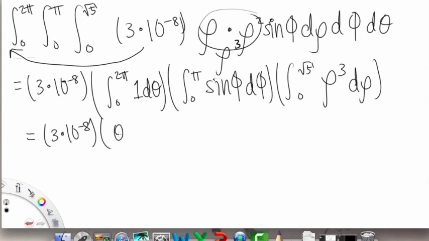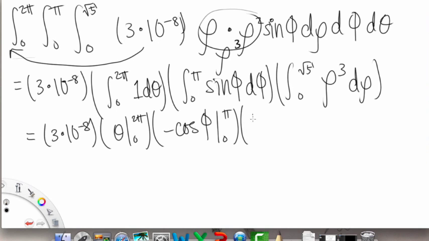So we have theta going from 0 to 2 pi. And here this is a negative cosine phi, and phi goes from 0 to pi. And this last one here is 1 over 4 rho to the fourth, 0 to square root of 5.